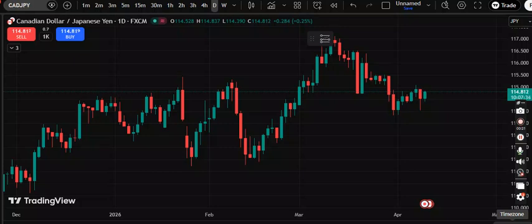Okay, so we are going to start very soon, and we are going to understand how each and every price action of currency pair works, because most of the times we kind of lose focus or interest when we are trading the market just because there's some news popping up.